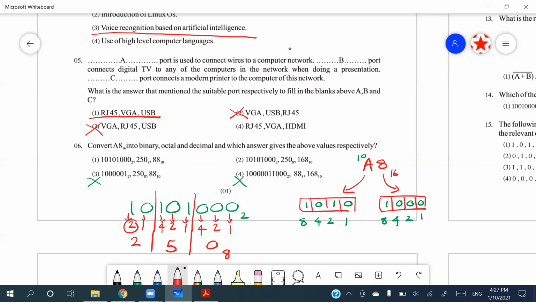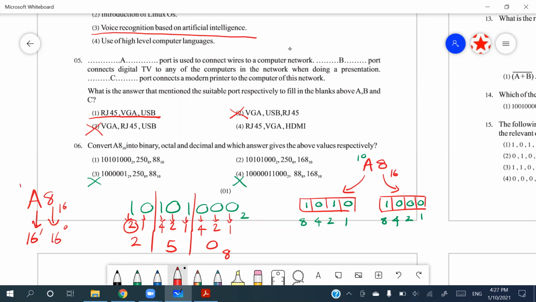And the decimal value we can take easily from the binary value or from the hexadecimal value. I'm going to use the hexadecimal value again. When converting this into decimal, this digit is 16 to the power 0 and this is 16 to the power 1.